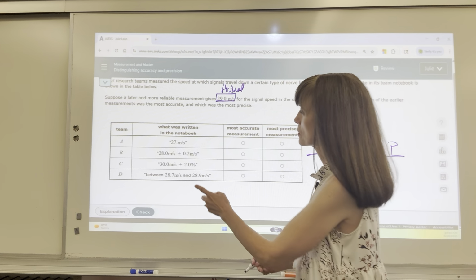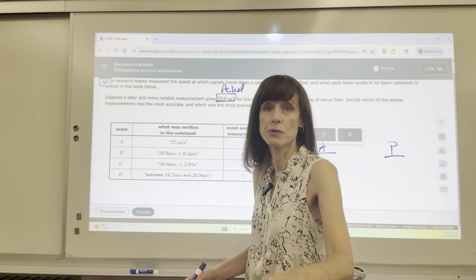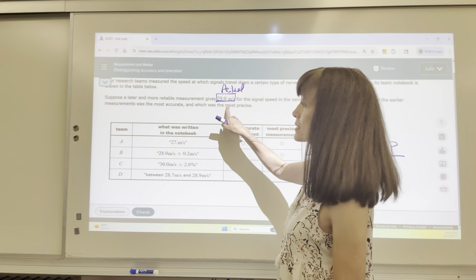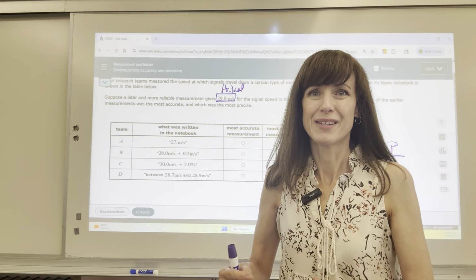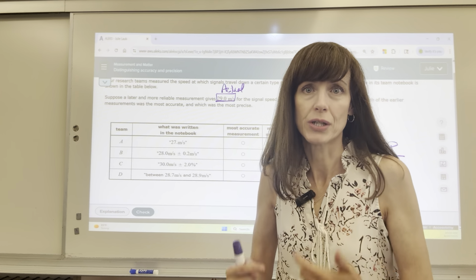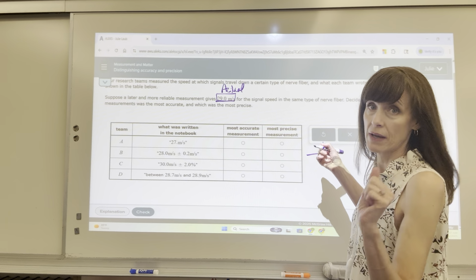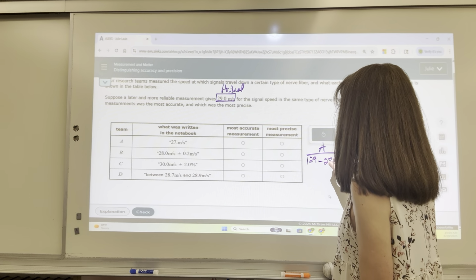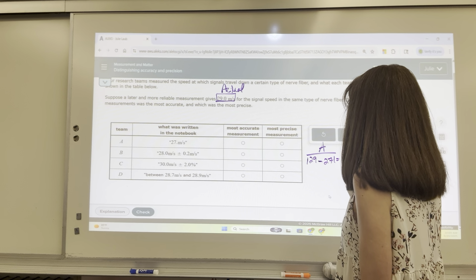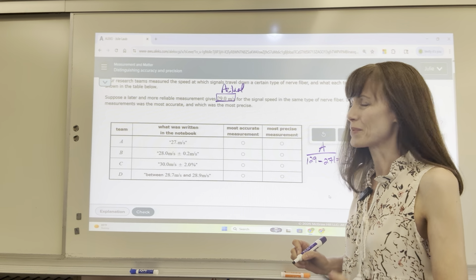On your accuracy, you're going to take every one of these numbers, do it as an absolute value, and subtract it from the actual. We just want to know how far it is from the actual, the number that the researchers should have gotten. So absolute value on this, I'm going to do 29 minus 27 gives me 2. And I'm going to underline that. Okay, there's one number.